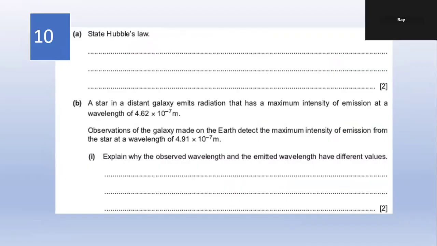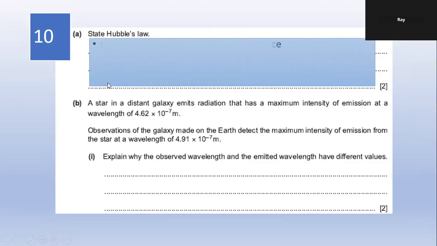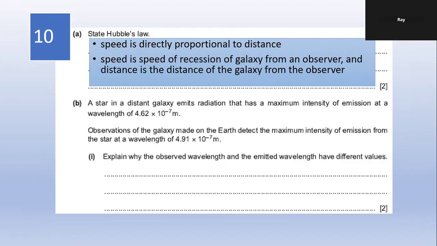Memory work only. Can I just say the velocity is directly proportional to distance? They probably give you 1 point only. Speed is directly proportional to distance. Speed is the speed of recession of the galaxy from the observer, and distance is the distance of the galaxy from the observer. Okay?